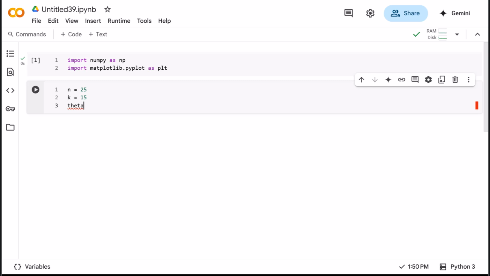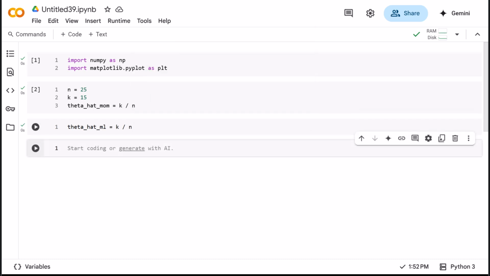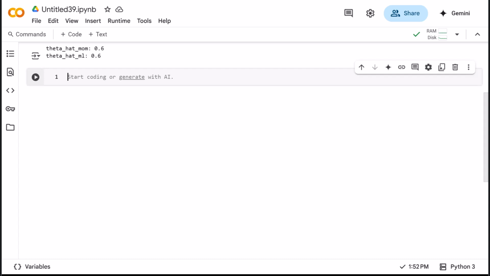So we have theta_hat for moment is equal to k divided by n, and theta_hat for MLE is equal to, again, k divided by n, right? So this is the MLE estimator. This is exactly the same as the method of moments. Then we can print them, for example with an f-string. So both of them are the same, 0.6.